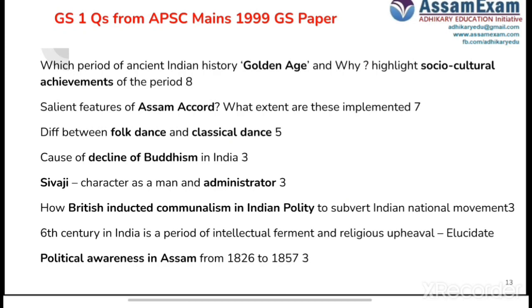So how, in around 30 years in between, did political awareness emerge in Assam? In 1857, Assam also had some revolts led by Maniram Dewan. So they are asking about the emergence of political awareness among the Assam leaders and masses.